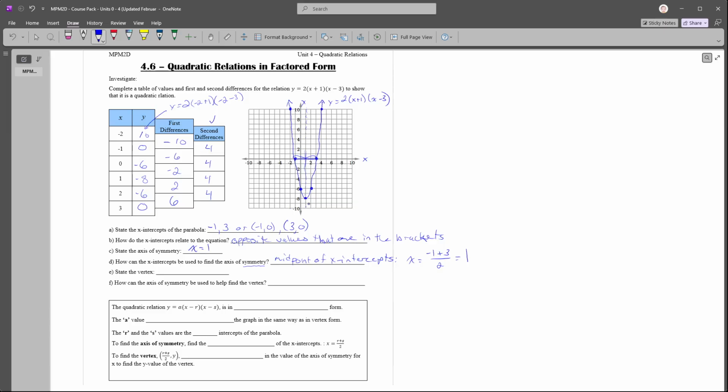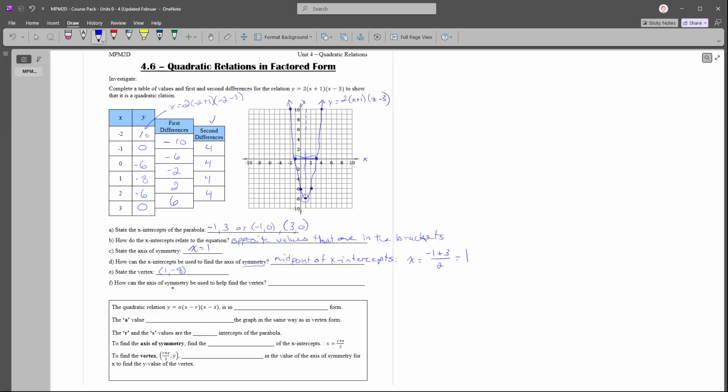Well, where's the vertex? The vertex is way down there, and I can see that it's at (1, -8). Again, we're kind of eyeballing it. We know the 1's accurate, but what about the -8? We're kind of assuming. Well, how can we get extra information? How can we actually do this mathematically?